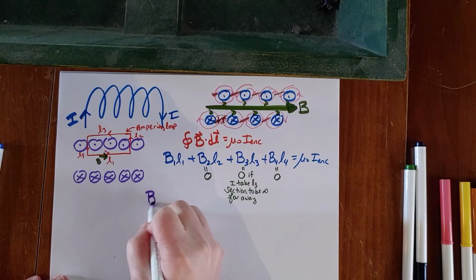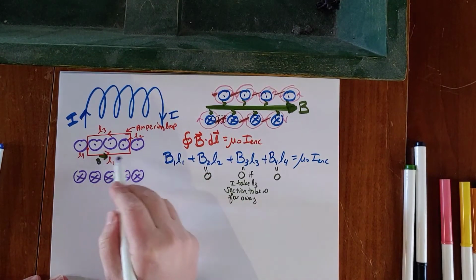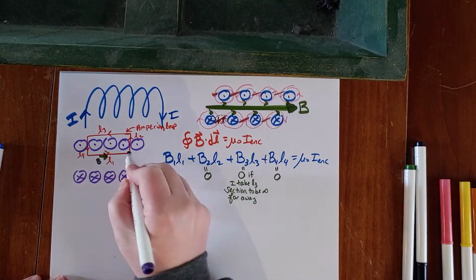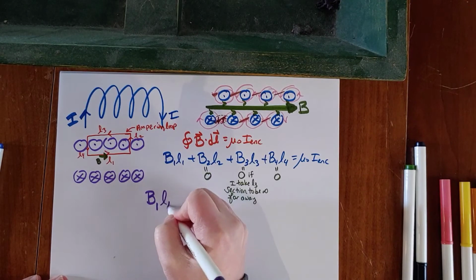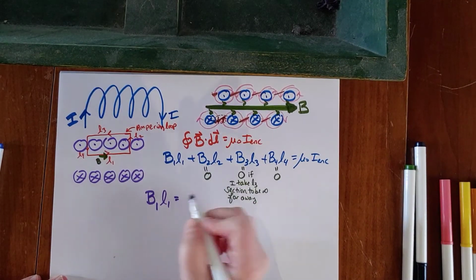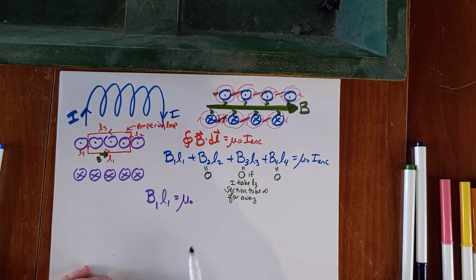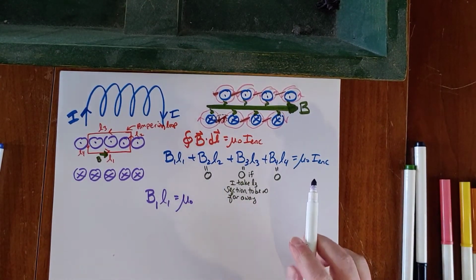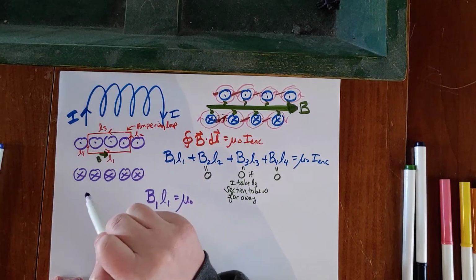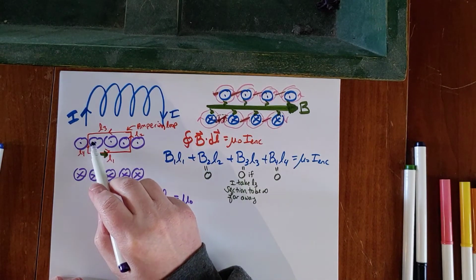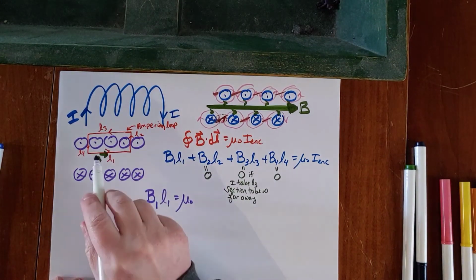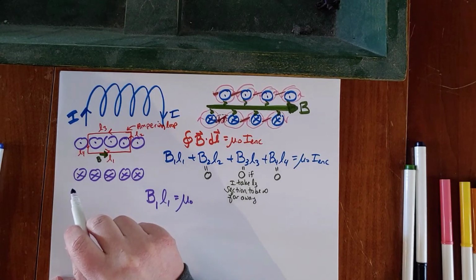So B1, I'm just going to call this little section, we call that L1. Cool. I'll just keep that. That's mu naught. And then let's talk a little bit more about what this I enclosed could be. So here's my loop. And so I have these 3 dots in the loop, okay?